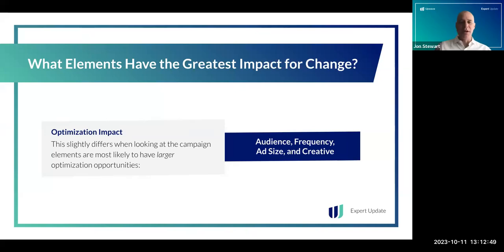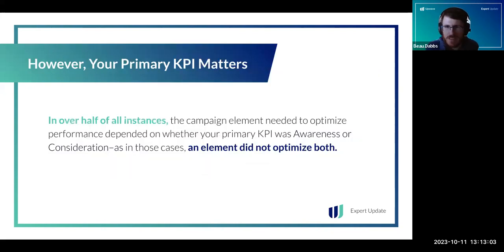And I guess if we pull all these levers, we can improve all the metrics across the funnel, right? Awareness, consideration, purchase intent, and favorability. Frequently this isn't actually the case. For many campaigns, different elements are better at optimizing different KPIs.